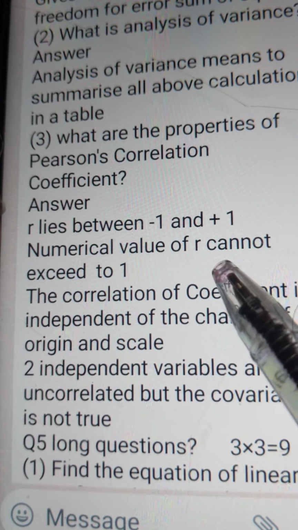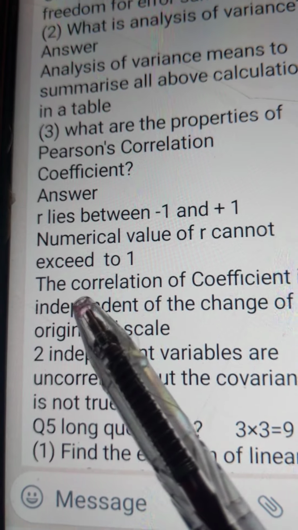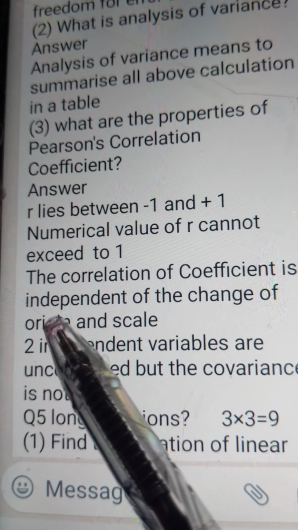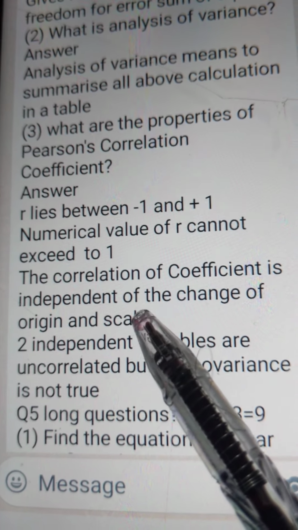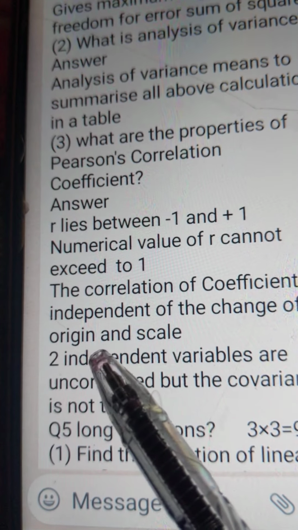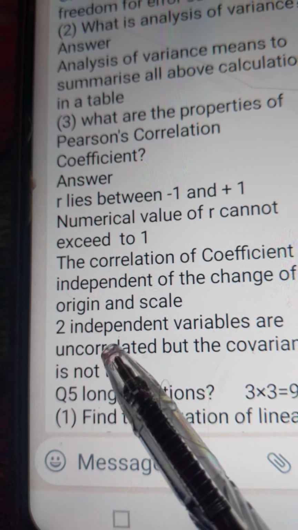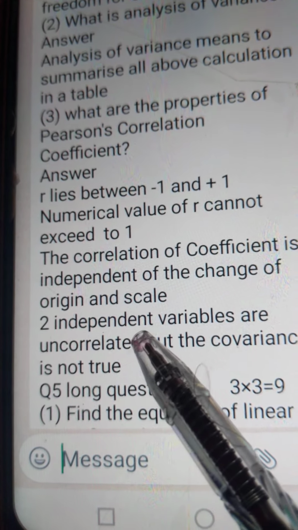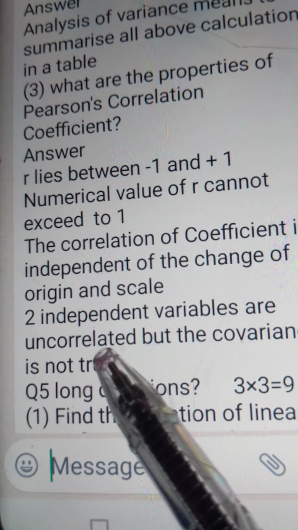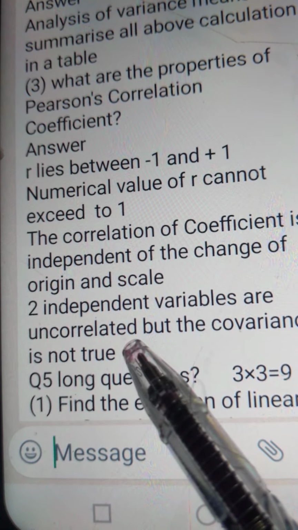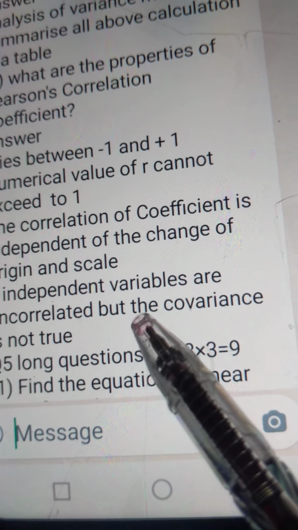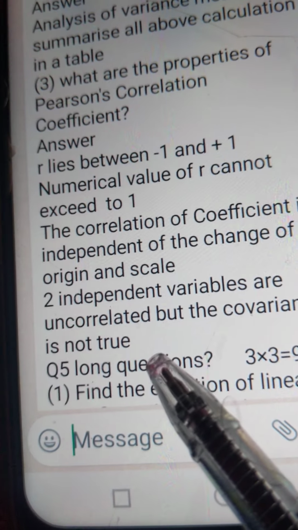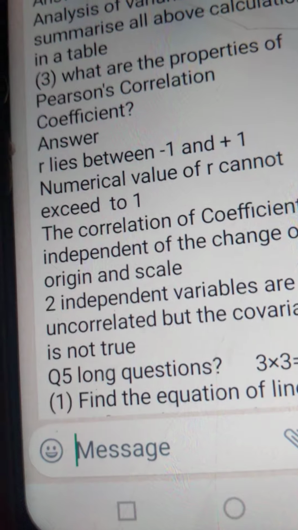The numerical value of r cannot exceed 1. The correlation coefficient is independent of change of origin and scale. Two independent variables are uncorrelated, but the converse is not true.